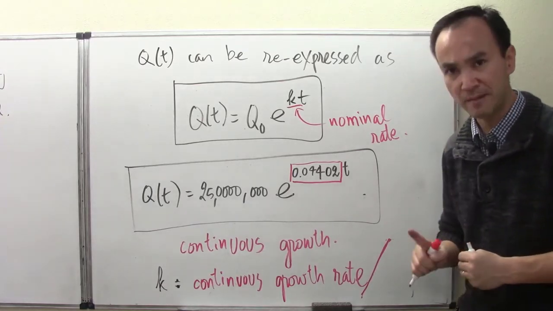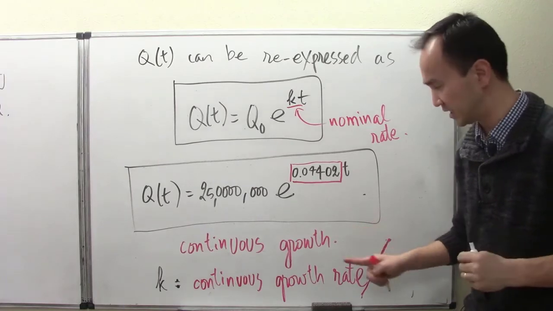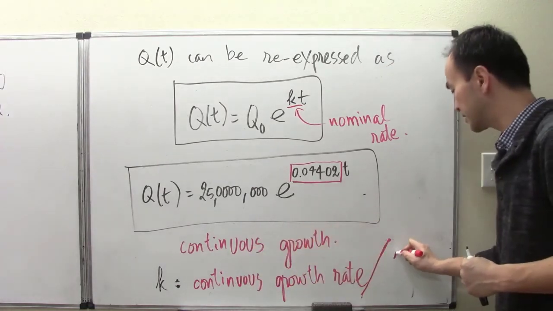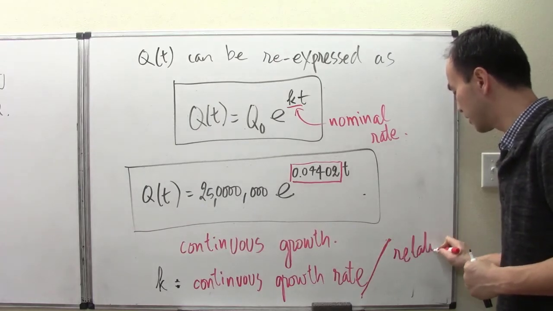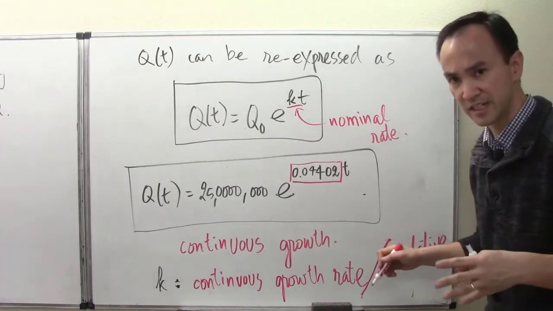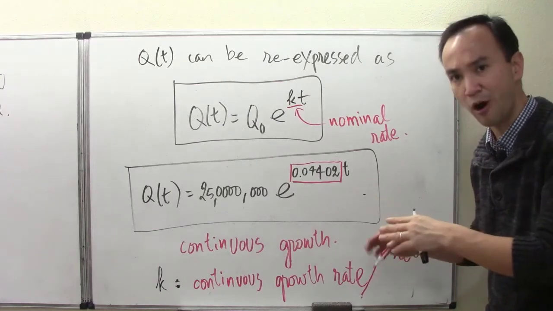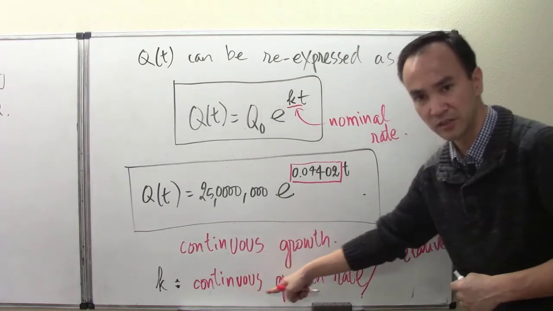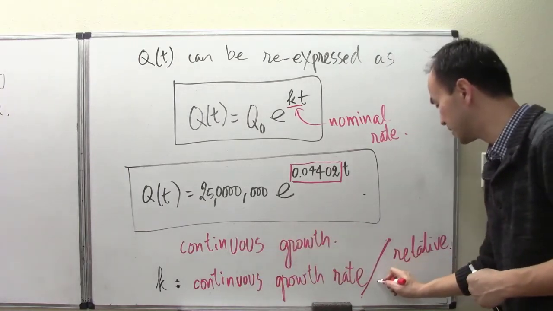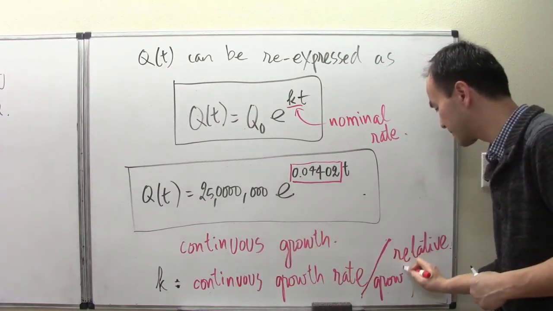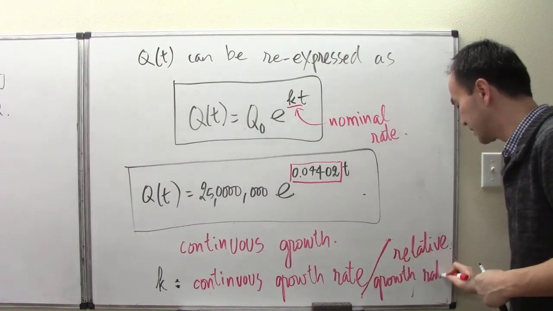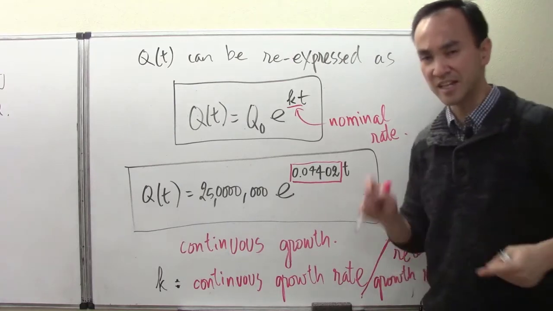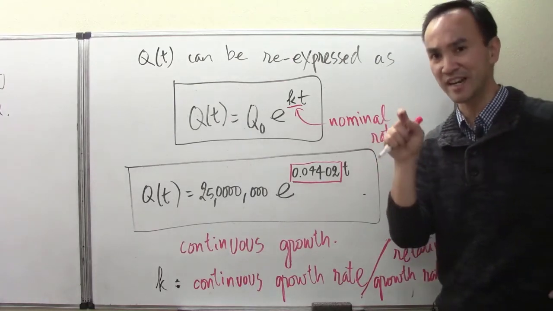Throughout all of his textbooks, he referred to this continuous growth rate as the relative growth rate. So in some textbooks, and especially throughout Professor James Stewart's textbooks, he will refer to this term as the relative growth rate.